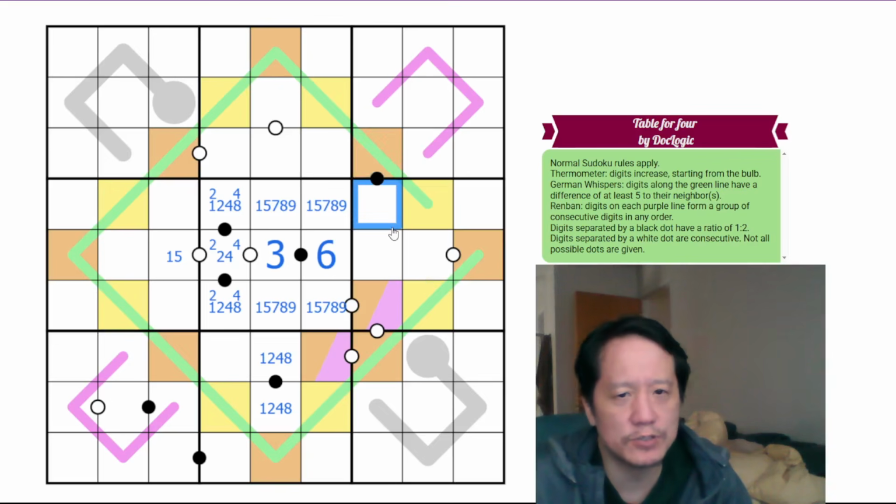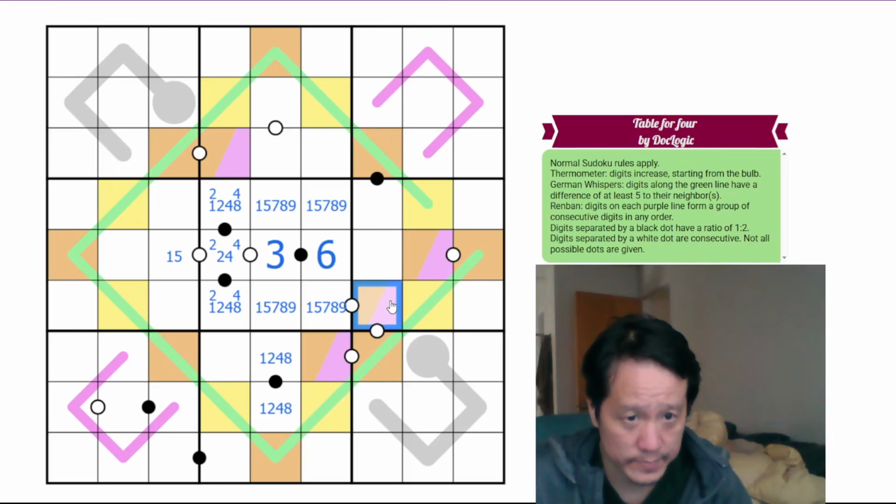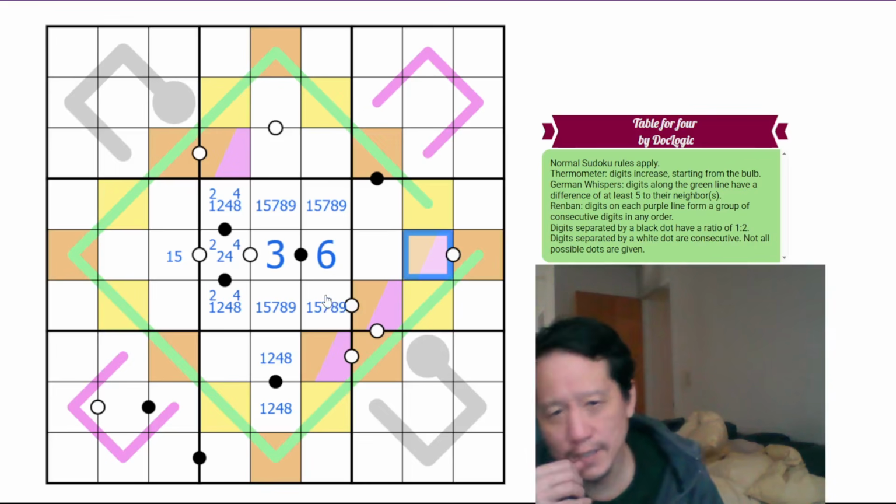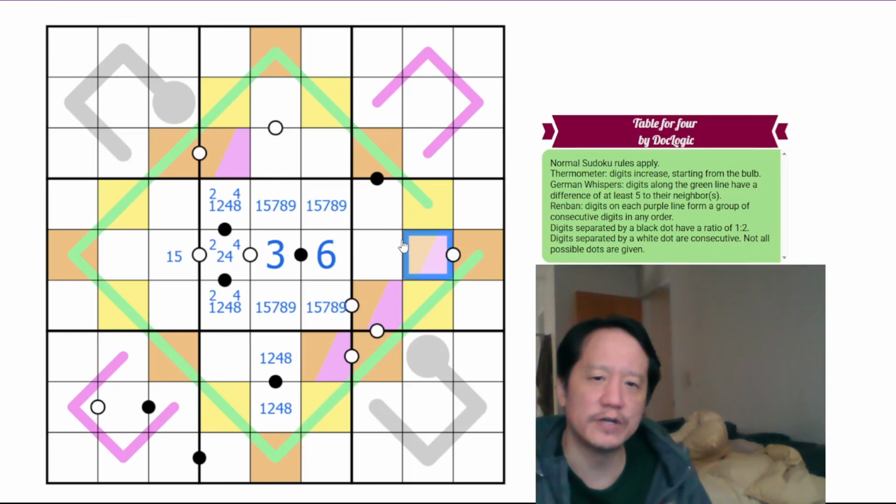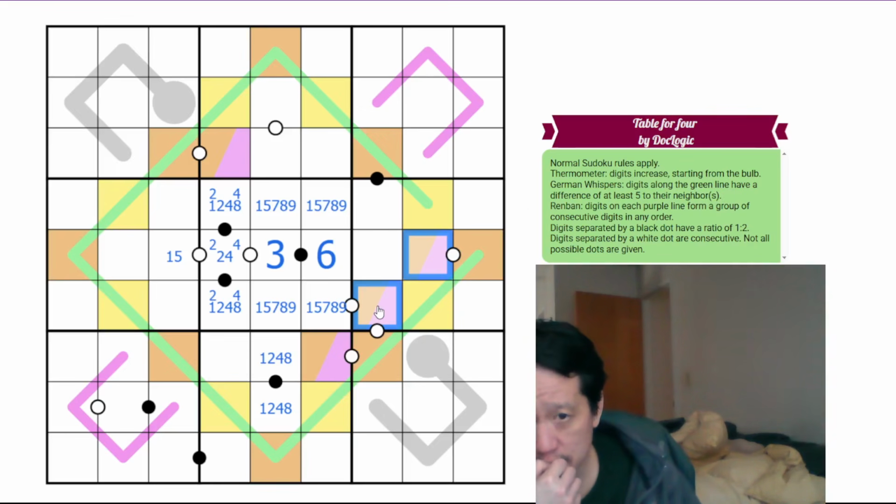It could be orange there or yellow. Same with this. This is orange or pink to be consecutive with another orange. This is orange or pink to be consecutive with another orange. So one of these is guaranteed orange here, at least.